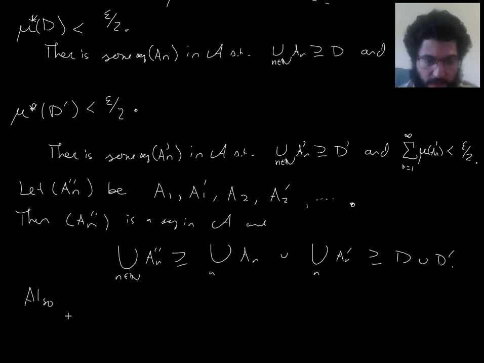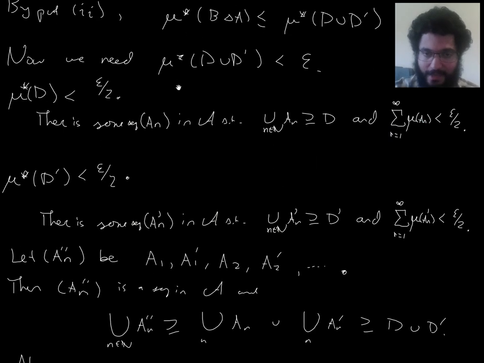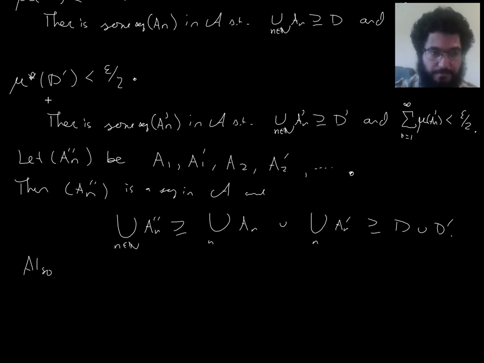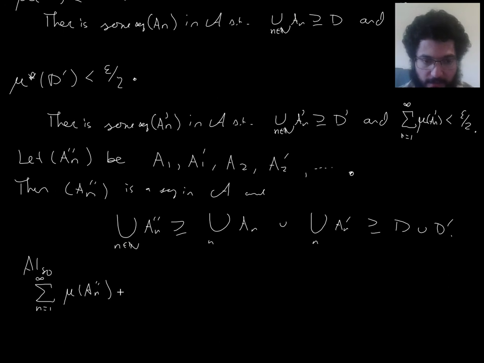Also, let's now look at the series. Does the series converge, and does it converge to something less than epsilon over 2? Because if it does, then I'm done. Then I've got my upper bound on mu star of D union D prime. So I need to look at partial sums of the series. The series, n equals 1 to infinity, of mu of A_n double prime, that's the series I need to be thinking about.